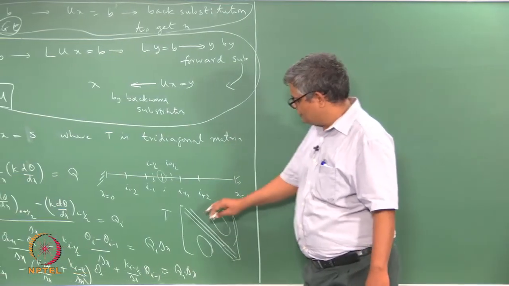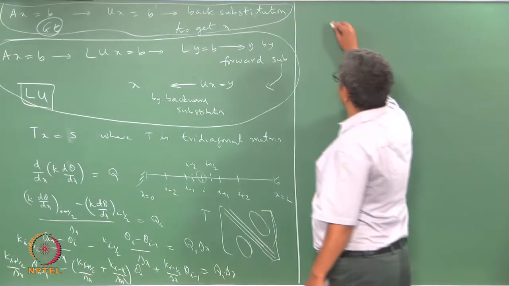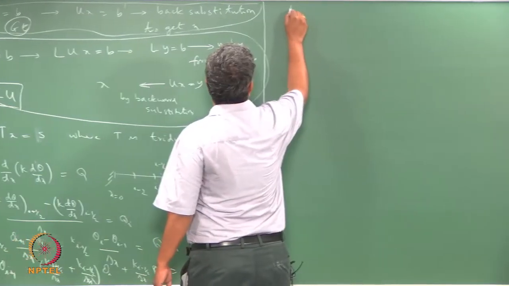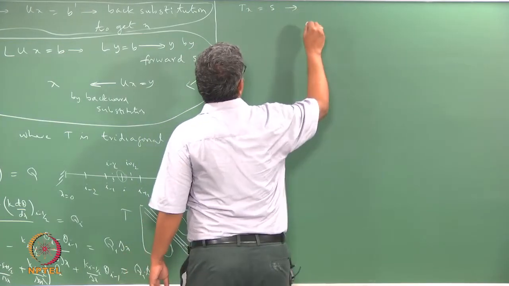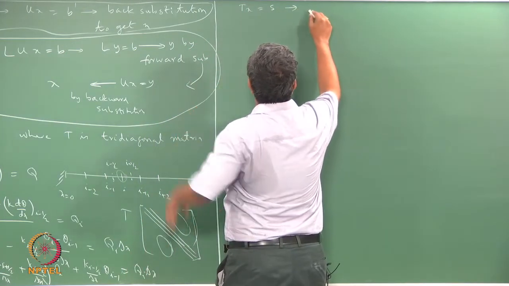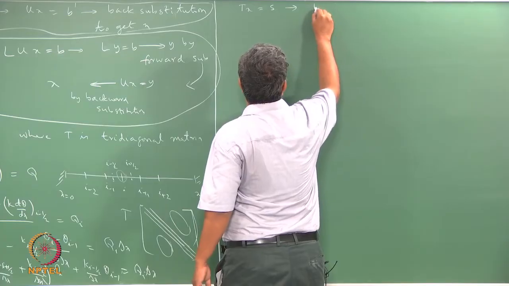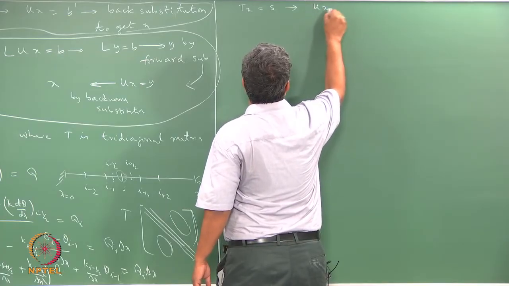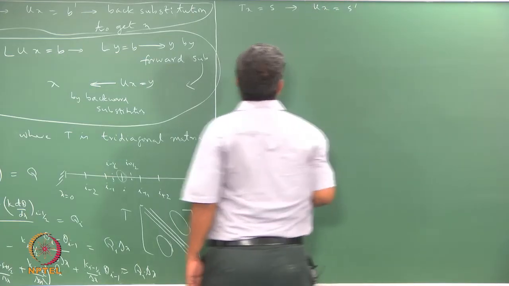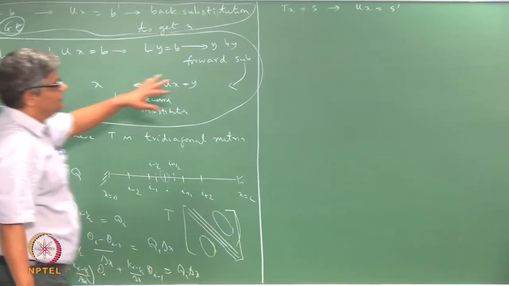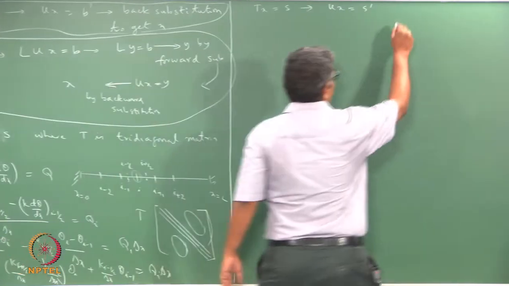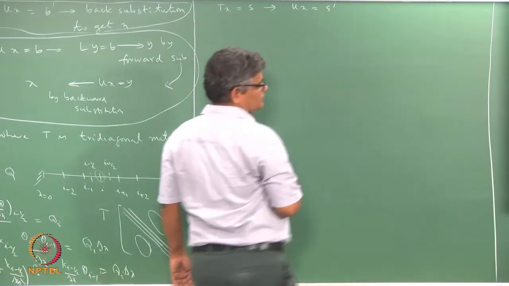Okay. So, with these kind of conditions, what we would like to do is to convert Tx equal to S into an upper triangular matrix of the form Ux equal to S prime, okay, and in such a way that this upper triangular matrix will only have 2 diagonals.